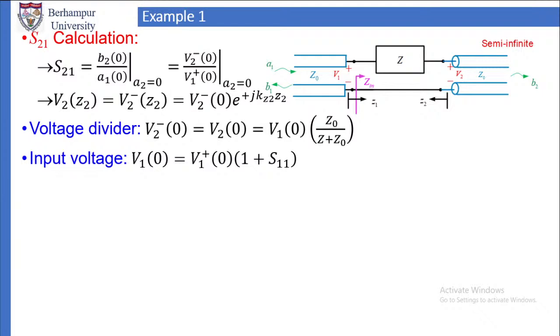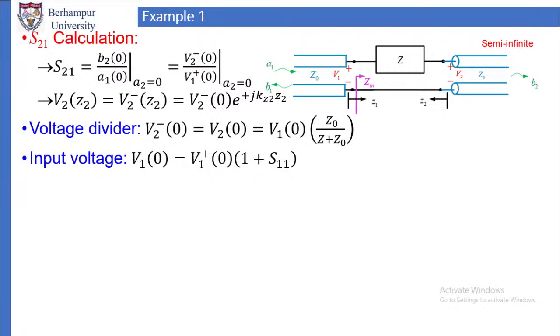Now what will be that? That will be equal to the voltage given at port 1 divided across Z. So that will be V10 into Z0 by Z plus Z0.